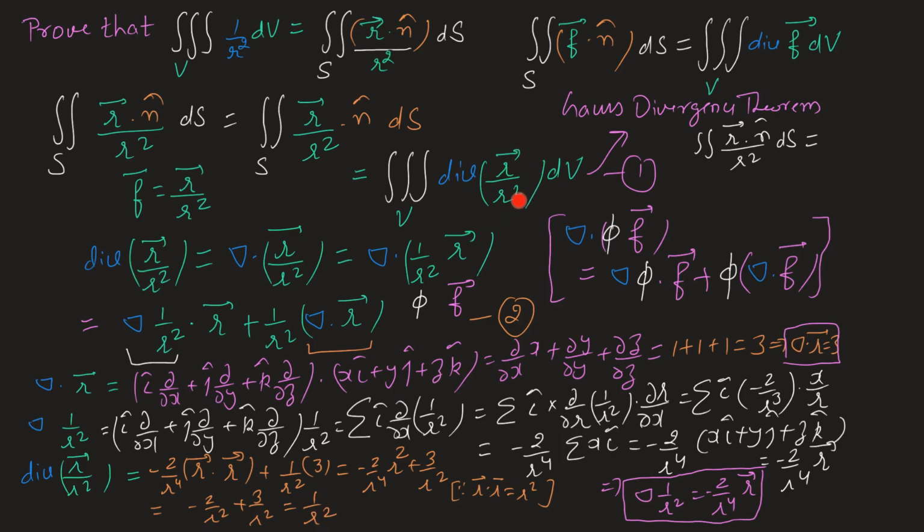So this is further equal to the integral of 1 by r square dV over volume V, and that was required to be proved. The left side is over surface S.